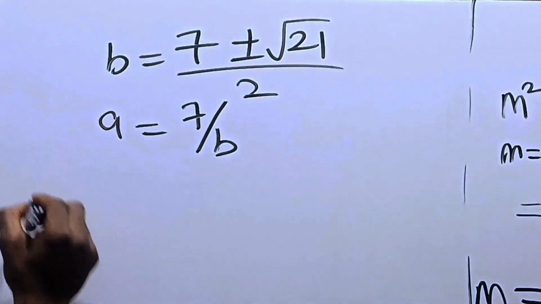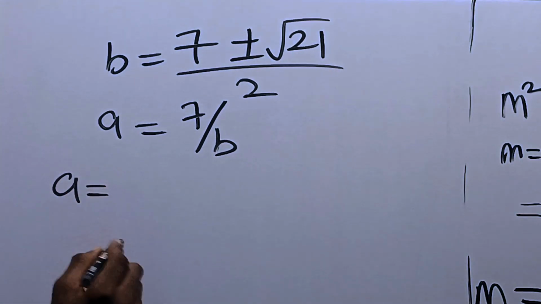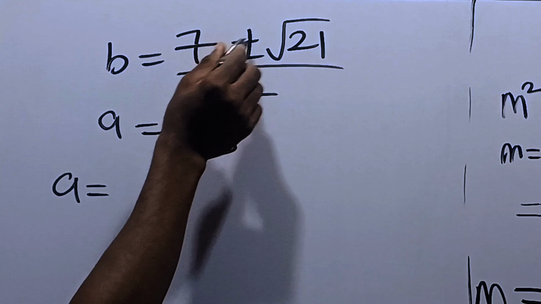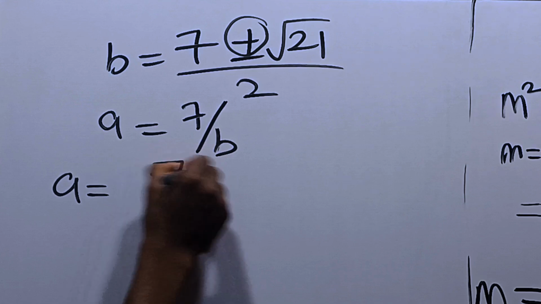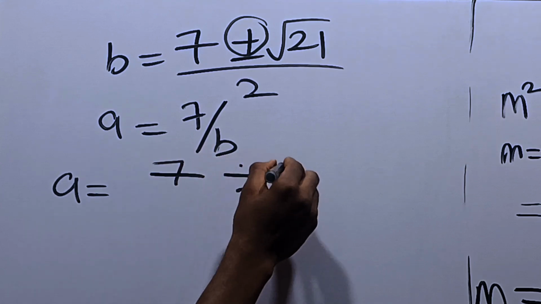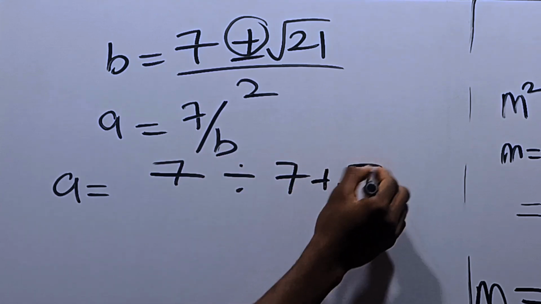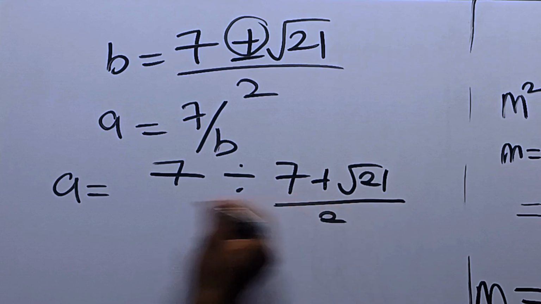So a, when b is equal to 7 plus root 21 over 2, becomes 7 divided by 7 plus root 21 all over 2.